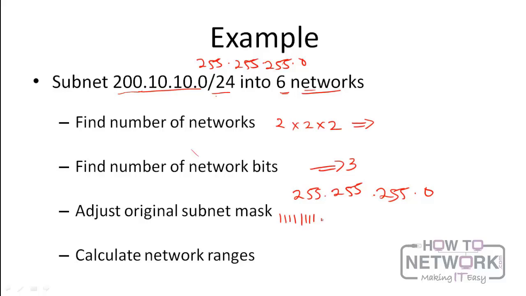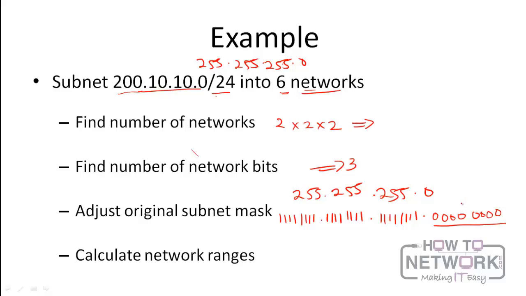If we convert that to binary, we're going to have 11111111.11111111.11111111.00000000. Now, since we are trying to subnet this network, what we are concerned with is the host, because the host bits right now use one network of 256 addresses, and we're trying to subdivide it into different networks.